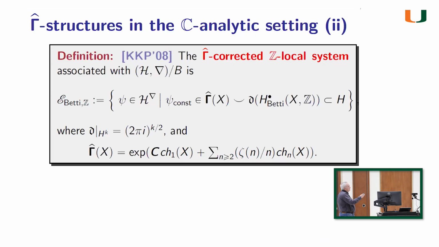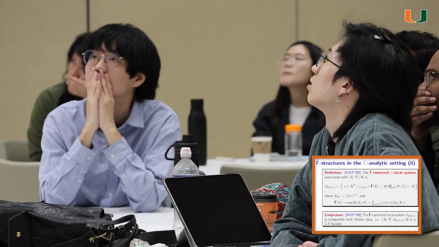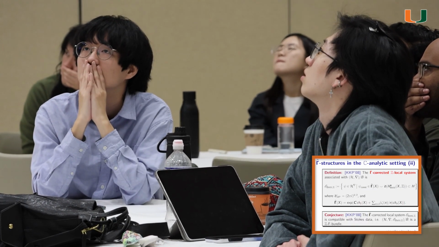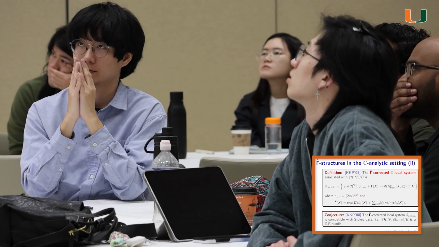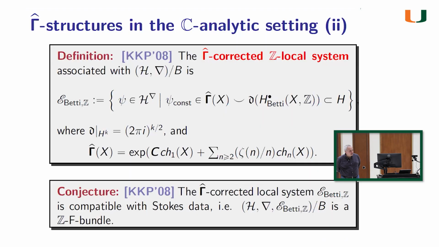So we define this Z structure on H, and the conjecture is that it is this structure on the quantum D module viewed as an F bundle, meaning it's compatible with the Stokes data.